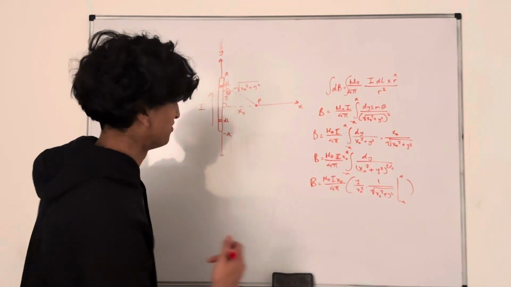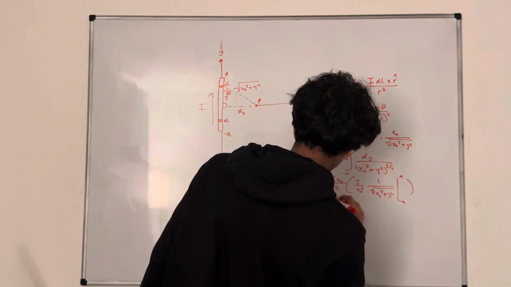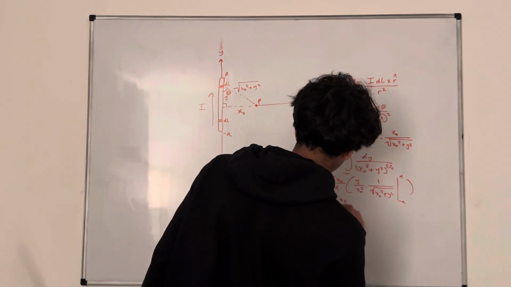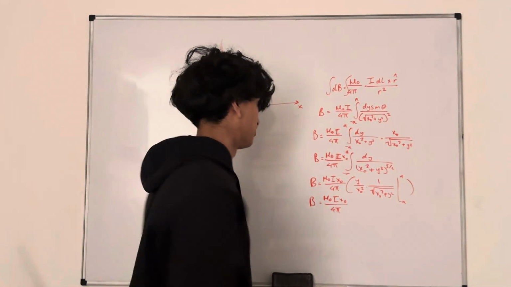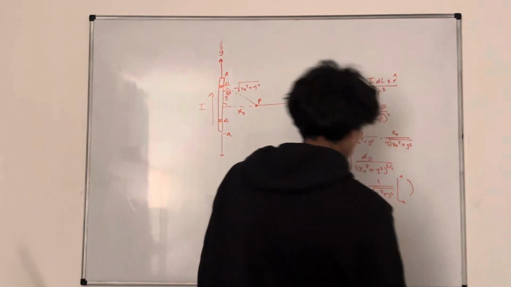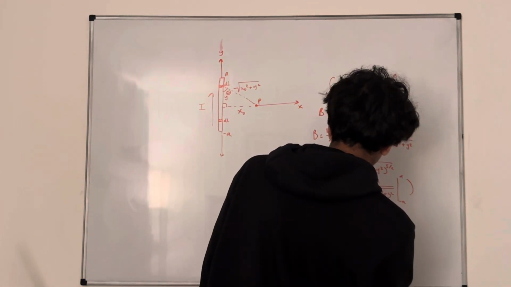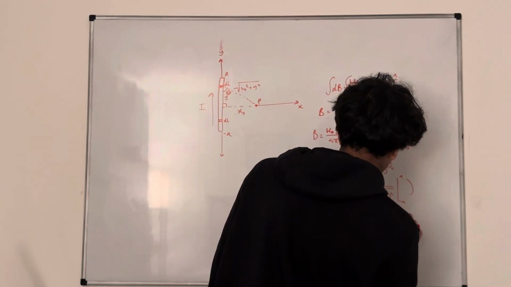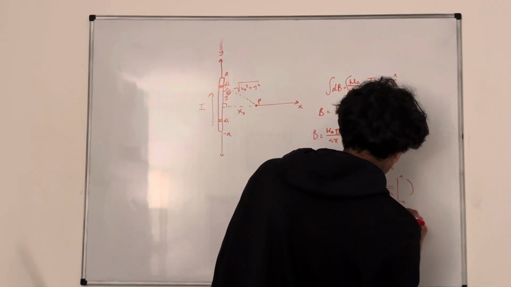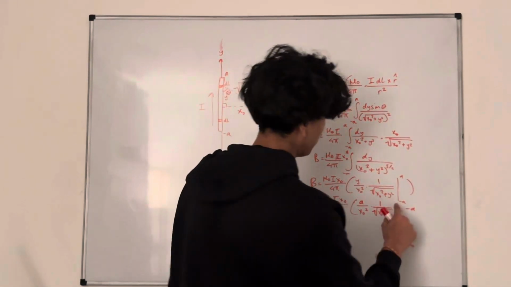You can watch my video and learn where that comes from. So we get B is equal to mu naught I x initial over 4 pi. You're substituting a in for y, so I'll just write this out. It's going to be a over x initial squared times 1 over the square root of x initial squared plus a squared, minus negative a. So when you're minusing negative, it just becomes adding.